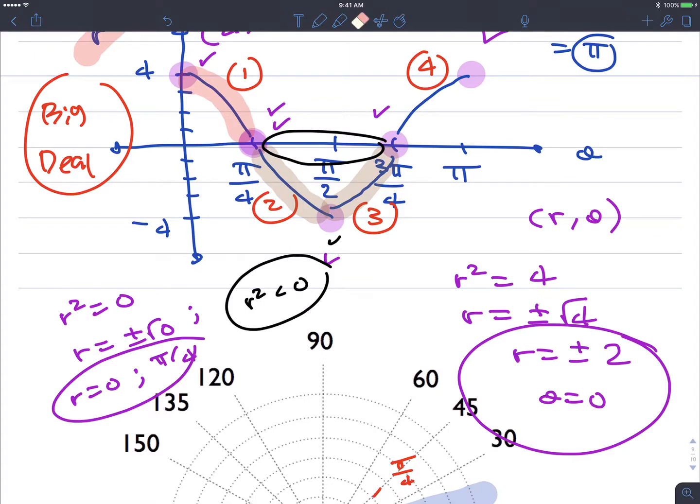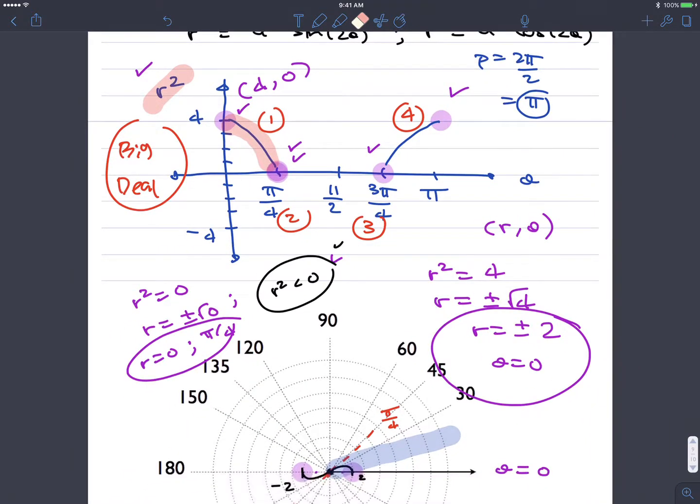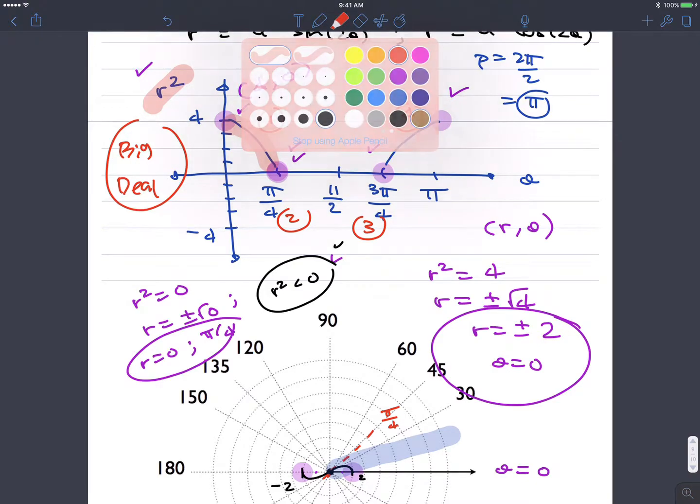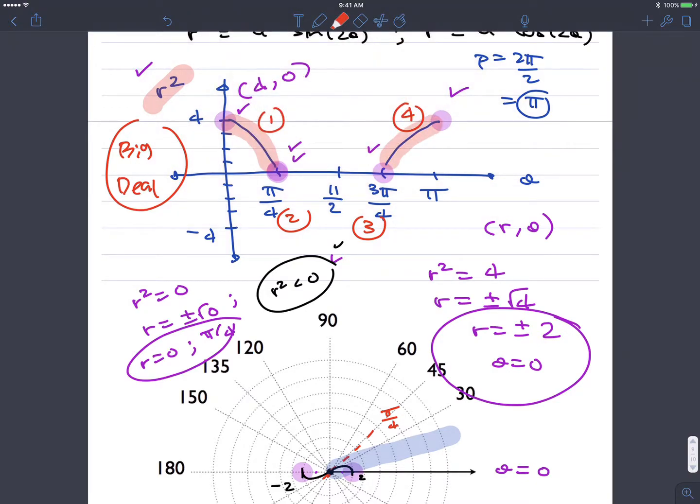You can actually get rid of this portion of the curve if you wanted, and you're really focusing on these two portions here, because R squared is negative for that bottom portion. Because we graphed actually R squared here. And that's not really a problem, it's actually a pretty nice situation. Okay, you guys okay with that?